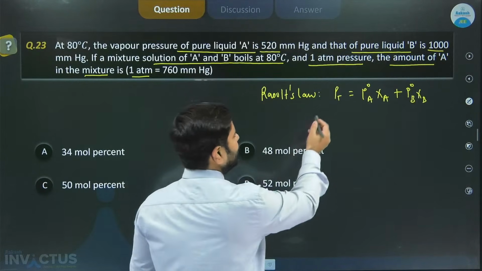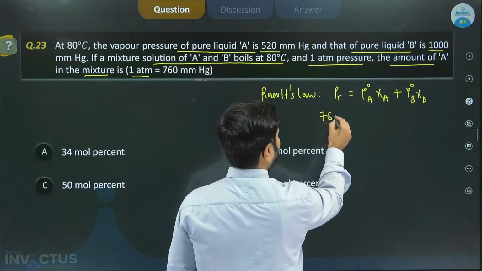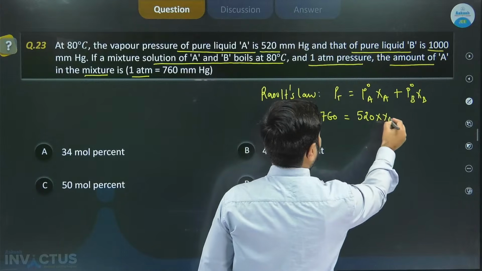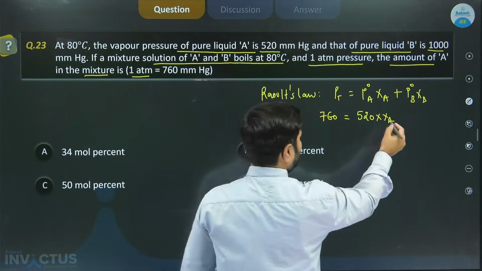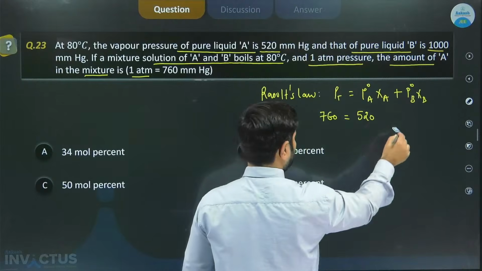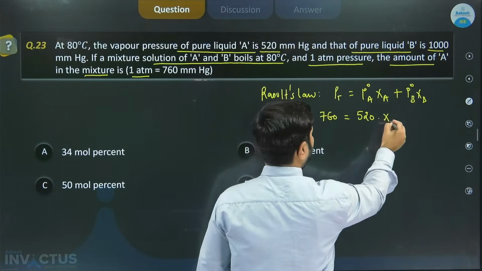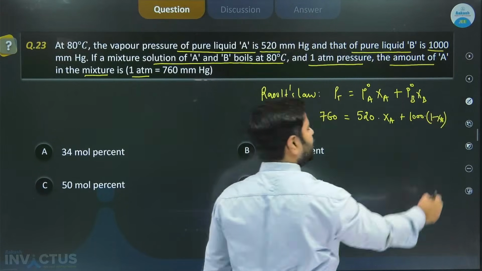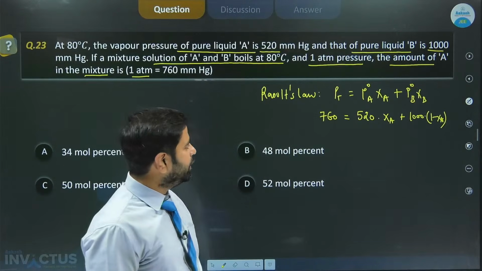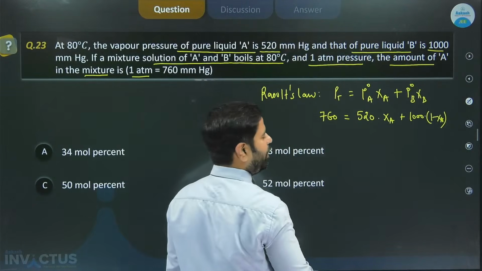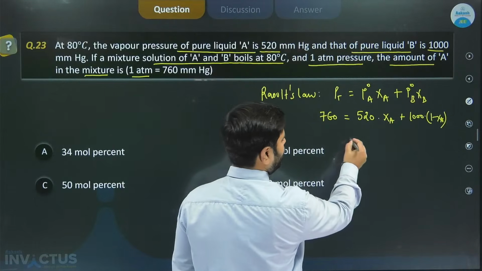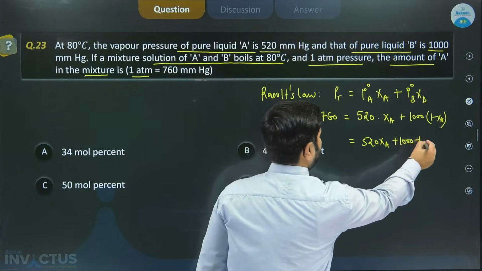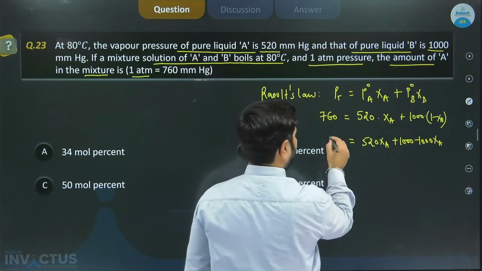We have given total pressure 1 atm, that is 760 mm, and P naught A is 520 into XA, plus P naught B is given 1000 into (1 minus XA), as the mole fraction sum is always equal to 1. From here you can calculate the value of XA. The value of XA: 520 XA plus 1000 minus 1000 XA is 760.